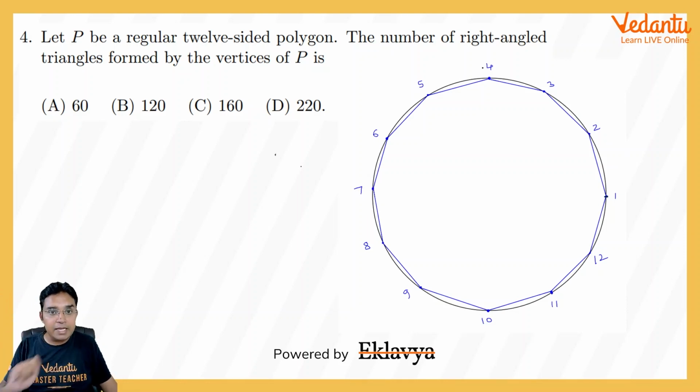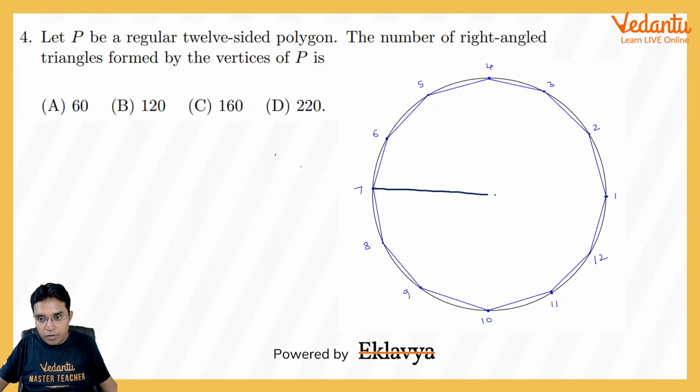Now, as they are asking for the number of right angle triangles, I have to have one hypotenuse, and because this hypotenuse should have two vertices from these 12, I have to choose two vertices which are diametrically opposite. Why am I saying diametrically opposite?